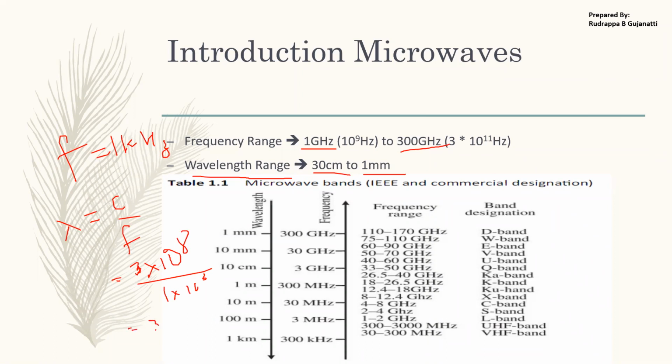How much will it be? 3 into 10 raised to 5 meters. If I convert it into kilometers, it will be 3 into 10 raised to 2 kilometers, which is around 300 kilometers.